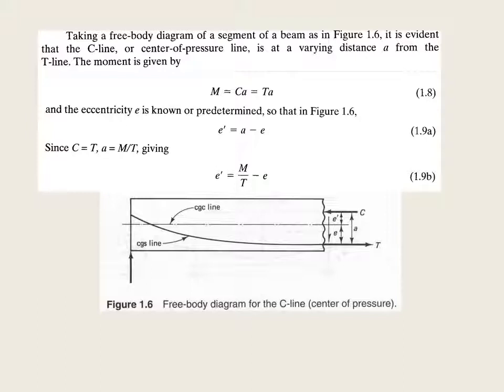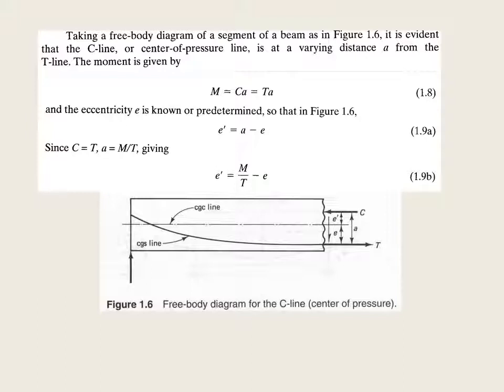From that, we need to compute this value e prime, which equals a minus e. So how do we get that? We get the value of a from the formula a equals M over T. So a is arbitrary, it depends on the moment.